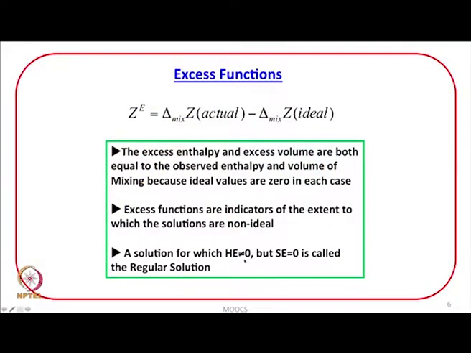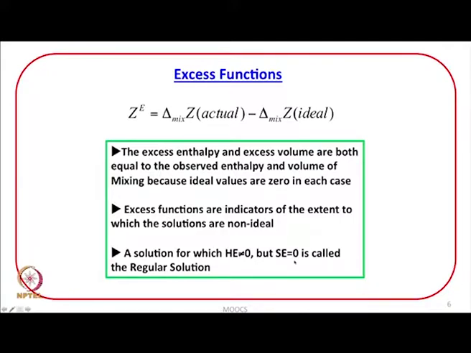Finally, a solution for which excess enthalpy is not 0, but excess entropy is equal to 0, is called a regular solution. This is another definition. A regular solution is the one in which the excess enthalpy is not 0, but excess entropy is 0.